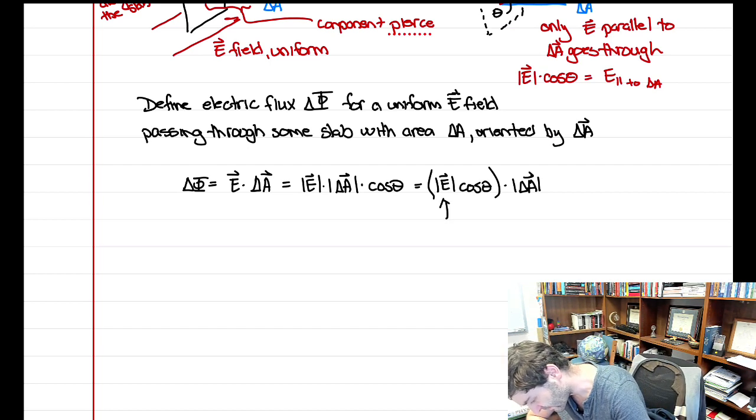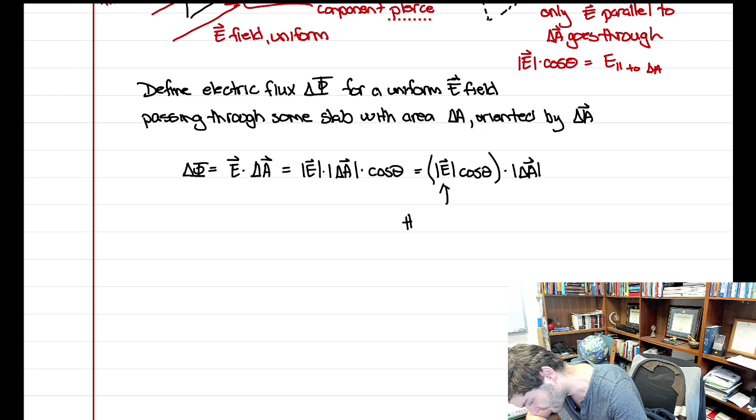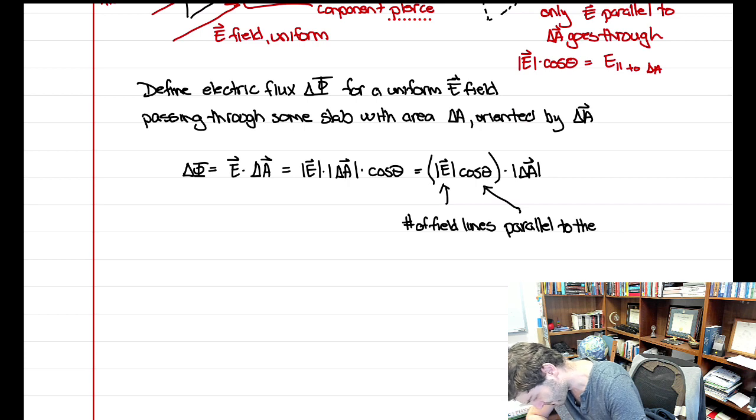This magnitude of E is related to, say, the number of field lines. The fact it's multiplied by a cosine, it's the number of field lines parallel to the delta A vector.